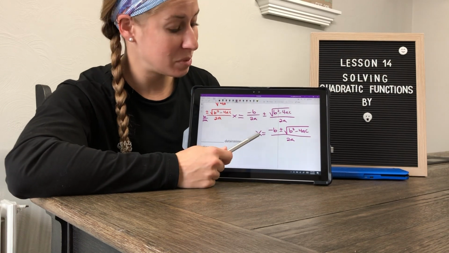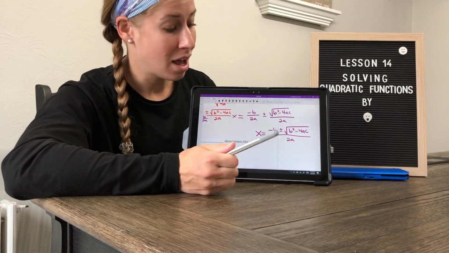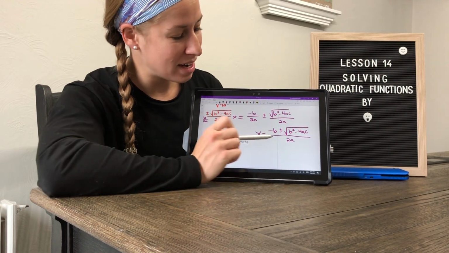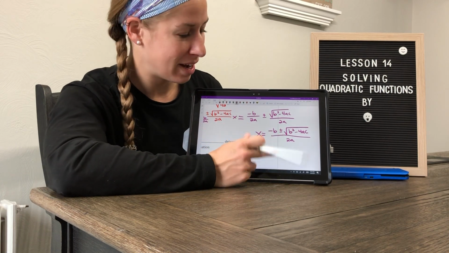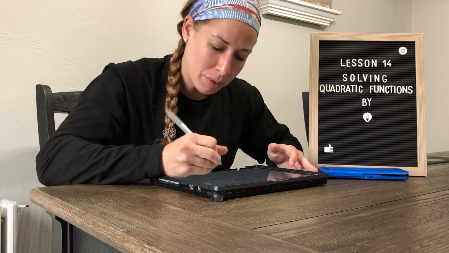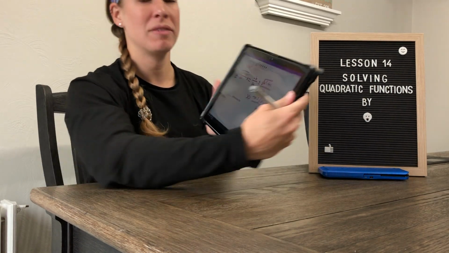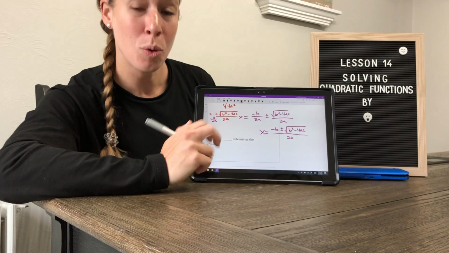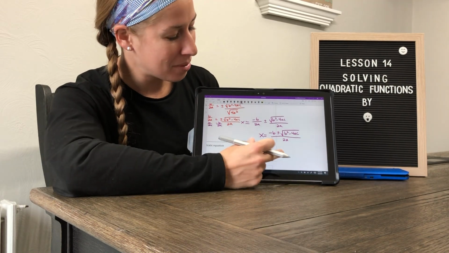Guess what? x is by itself. We solved for x. We're done. And it's this messy, complicated equation right here. But this is so beautiful. What we've just done is we've derived the quadratic equation.